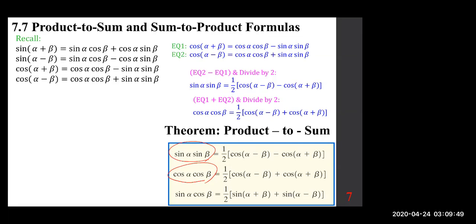Now let's go with the sine. Now, sine of alpha plus beta and sine of alpha minus beta. Let's see what happens now. What if we add them up and we divide by 2?